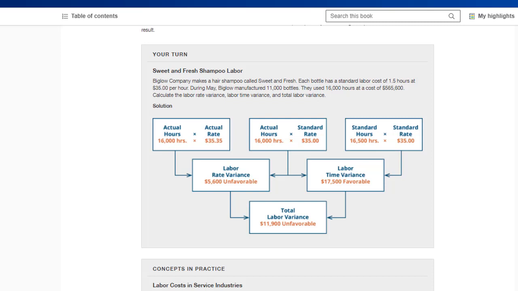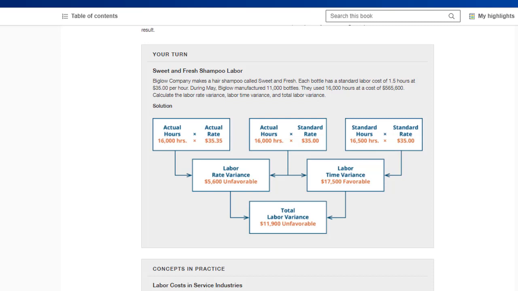But you don't stop there, because there are two reasons why you might have overspent or underspent. One is you might have used more or less product or items, or in this case, hours, than you originally expected. And the other reason is, for each of those hours or products or items, in this case hours, you might have paid a higher rate than expected per hour or lower rate per hour.